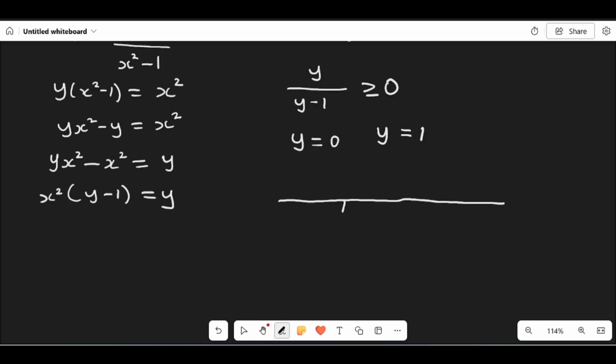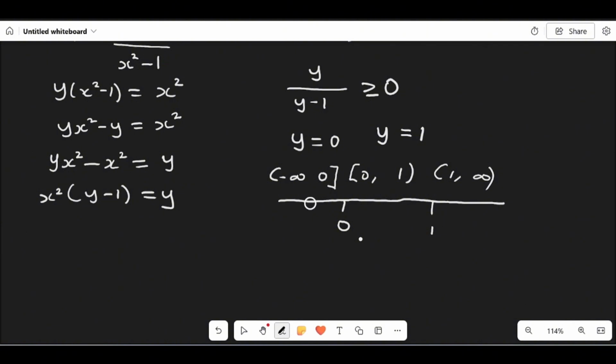Our critical points are 0 and 1. Our intervals are: negative infinity to 0 with a square bracket, because 0 is inclusive; from 0 to 1, which is (0, 1), using a curved bracket because 1 is not inclusive; and 1 to positive infinity.